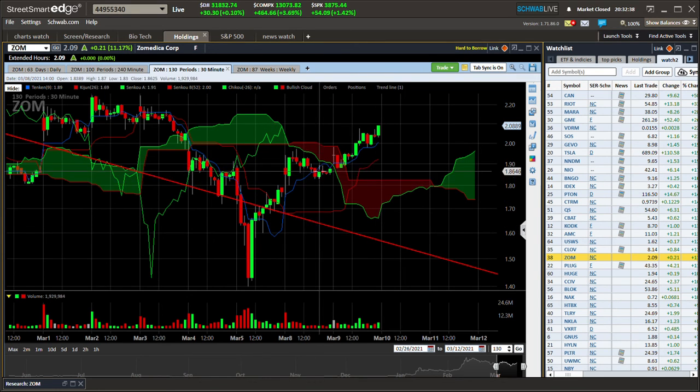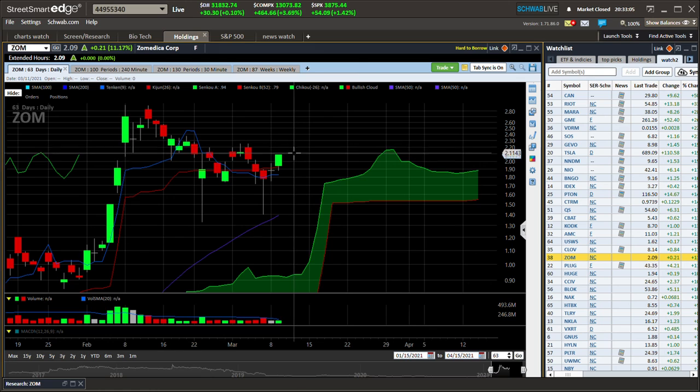We have Tenkan-sen and Kijun-sen trending with price here. So if price can continue trending with this Tenkan-sen line, we may be in for a good momentum trade. So that's what I'm looking for here, a momentum trade. The company may be investable here, but I think with the way it's been gapping up, I'm just looking to get a trade out of it here.